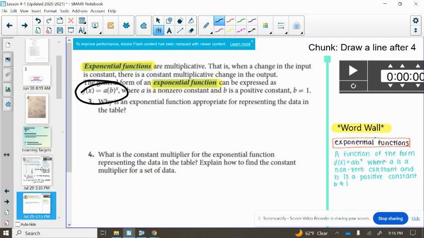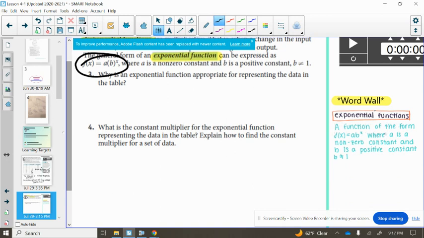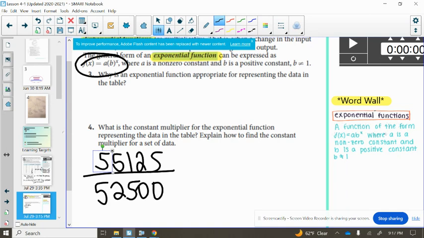And each year is going to be increasing the amount we are multiplying by, very similar to what we had before. For instance, if we took year 3, which was 55,125, and divided it by year 2, so we had A2 and A1, we get that multiplier amount, 1.05, to see the rate that we're multiplying by.